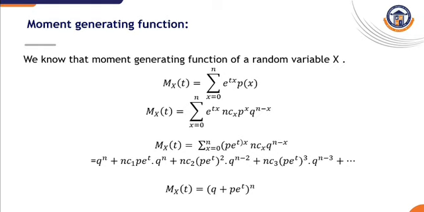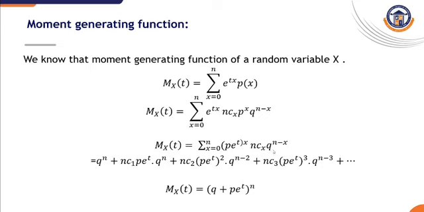Therefore, for the starting value we substitute x equal to 0: (p e^t) to the power 0, and anything to the power 0 becomes 1. nC0 is 1, and q^(n-0) is the remaining value. This value is 1 and this value is also 1.